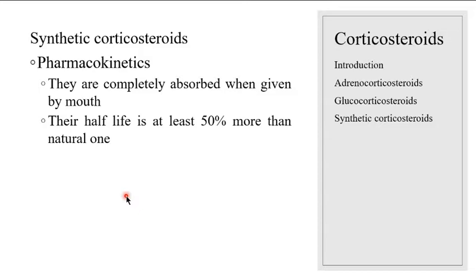Now, we said about cortisol that its half-life was only 60 to 90 minutes. But the synthetic one needs to be longer acting. Just like cortisol, they are easily absorbed, but their half-life is pretty long. They have at least 50% longer half-life than the natural ones.